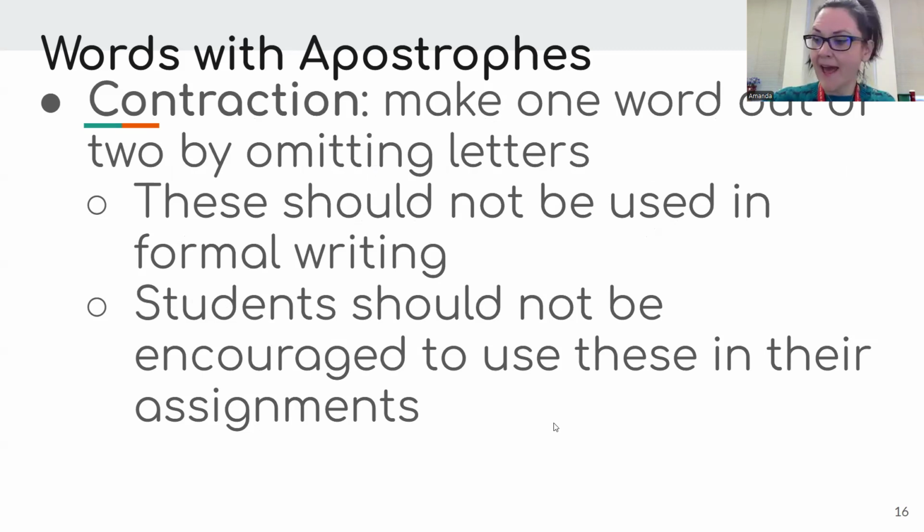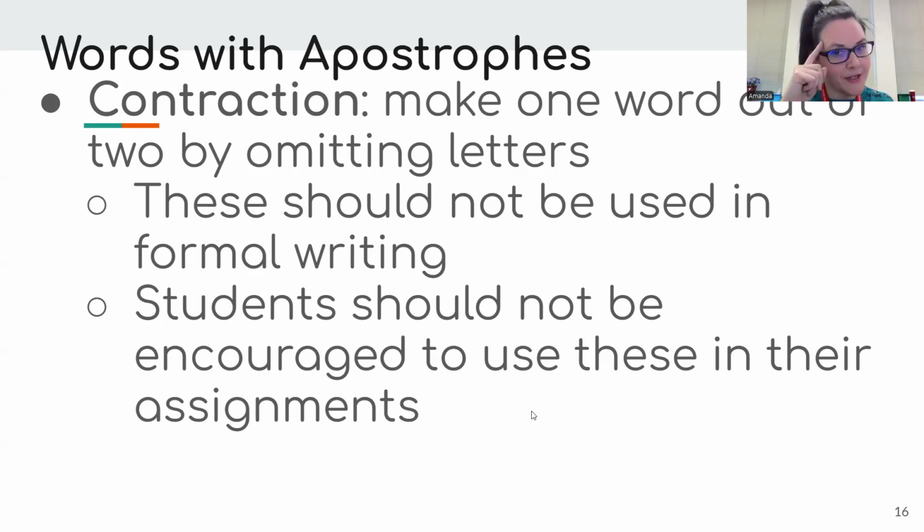So now that we have talked about that, let's talk about contractions. So remember, these are informal, okay? Students, we mentioned these on the first lesson. Remember, they are making one word out of two by omitting letters.